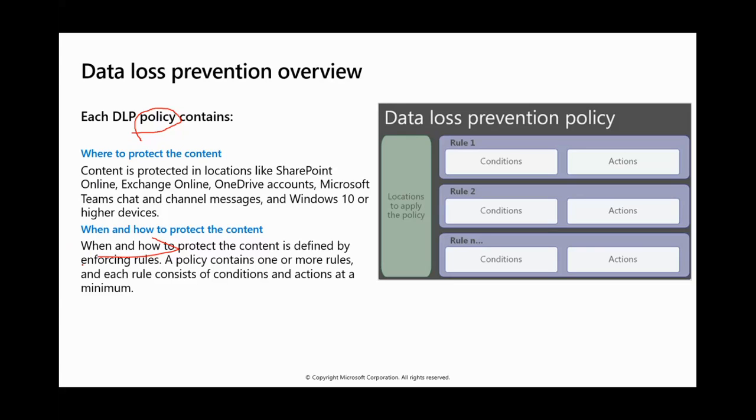You can show a pop-up policy tip to the user that is going to warn our user that they may be trying to share sensitive information in an inappropriate way. So it's important for us to let them know that they are doing something that is not proper with our data. Then another example could be block the sharing, and we can block the sharing via a policy tip.